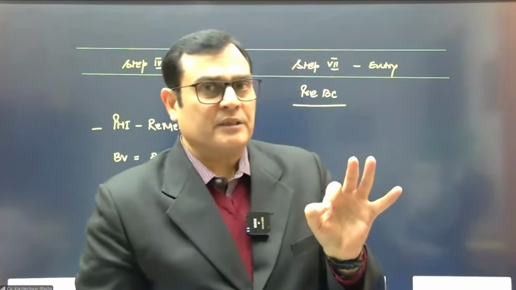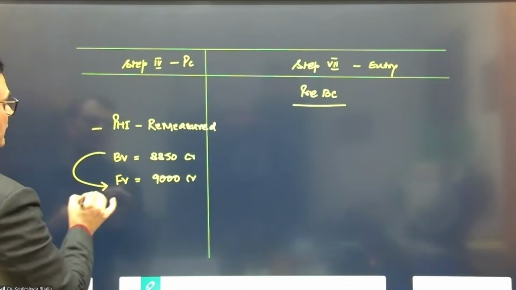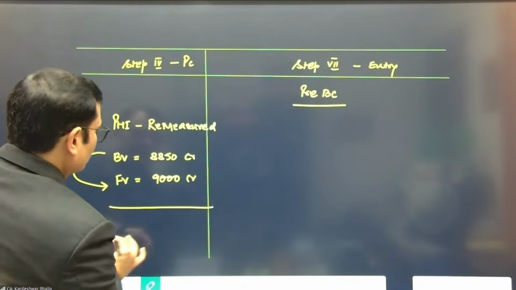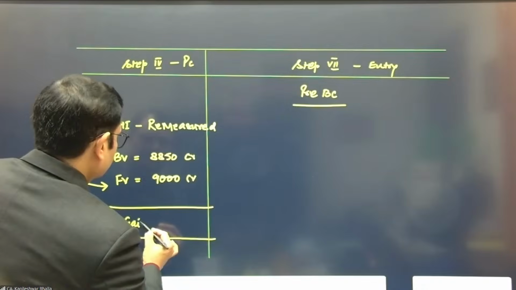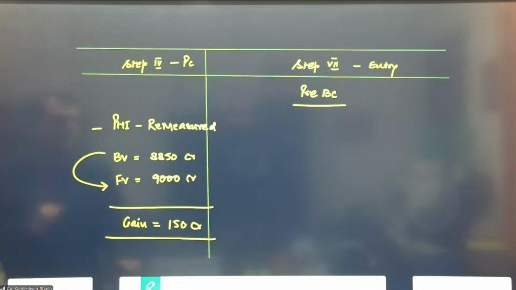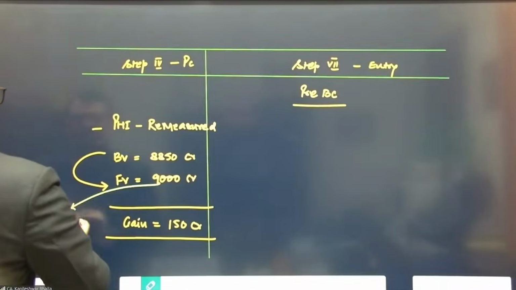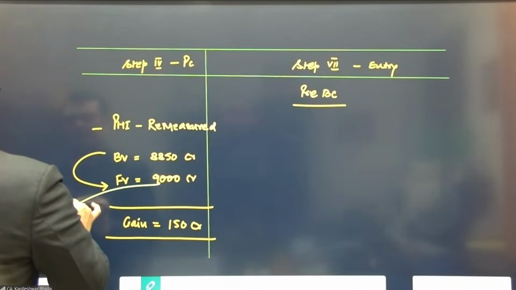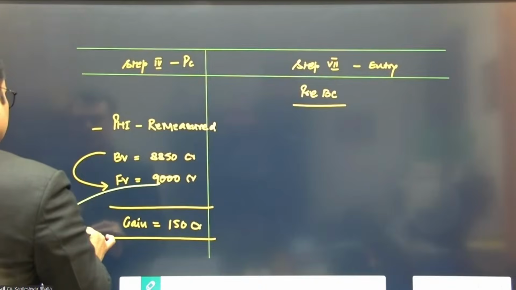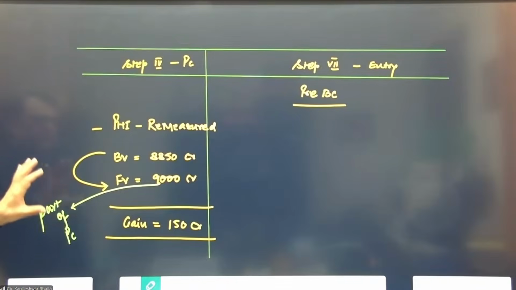So you need to remeasure it by comparing the book value and the fair value. This is going to result in a gain of 150. But right now you just need to remeasure, and the only focus is that this 9,000 will be a part of PC. So in terms of step number 4, the only crucial point is the PHI is going to be taken as a part of the purchase consideration at 9,000 crores.